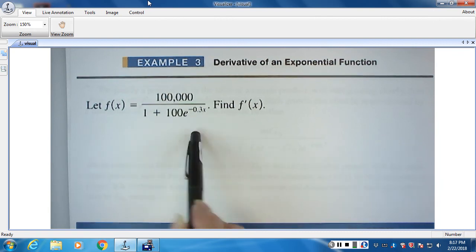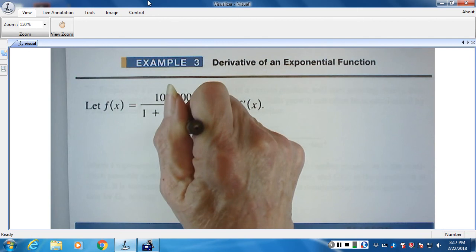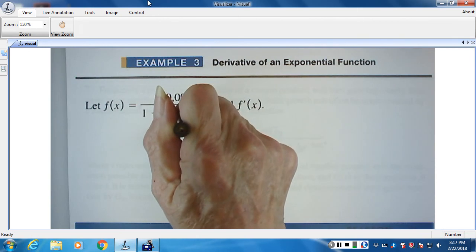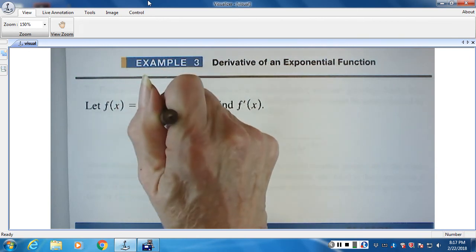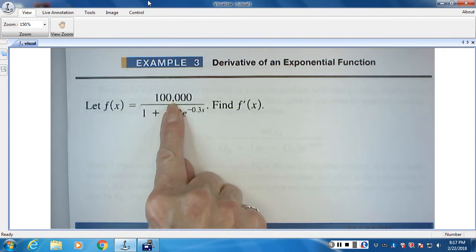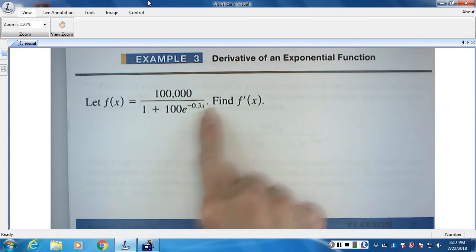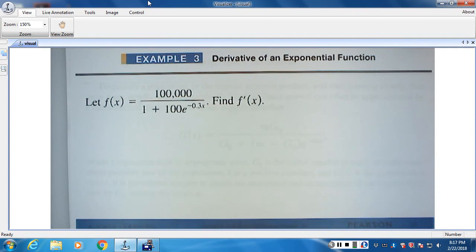Now, I will tell you a little secret. You could do this as a quotient rule problem. You really can. What happens is the derivative of the numerator turns out to be 0, so that it makes some stuff disappear. But it's really easier if you realize that you can take this off the bottom and put it in parentheses and lift it up to the top with a -1 power.